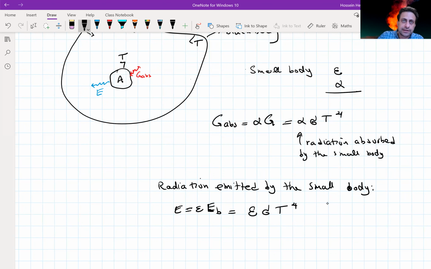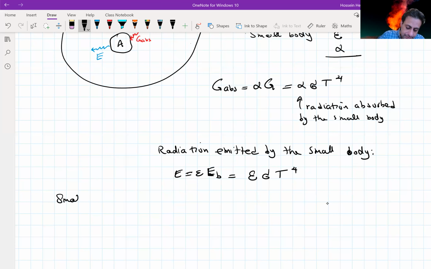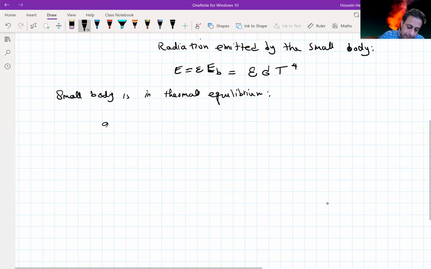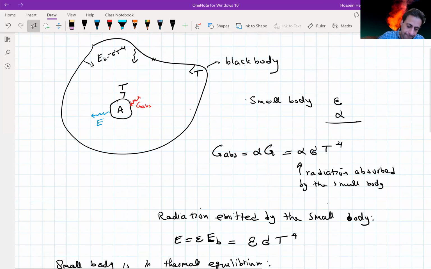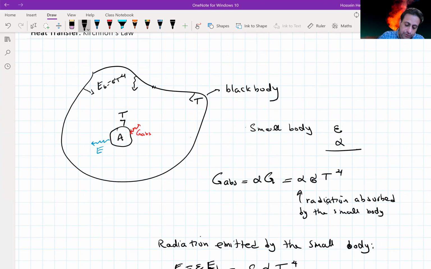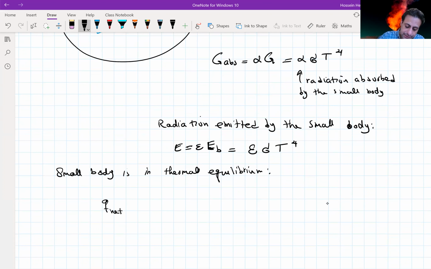Now, since the small body is in thermal equilibrium, then Q net for this small object is going to be 0, and Q net is the total energy absorbed minus the total energy that is being emitted.